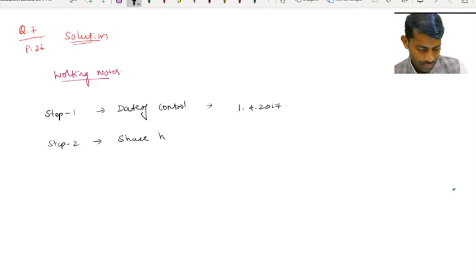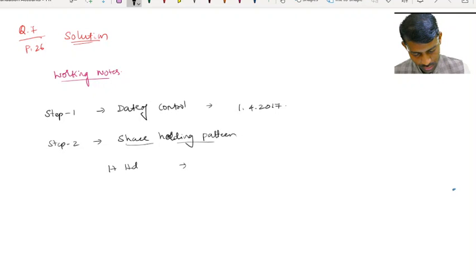Step 2: shareholding pattern. Holding company is H Limited, which acquired 45,000 shares out of 60,000. Into 100, you get 75%.